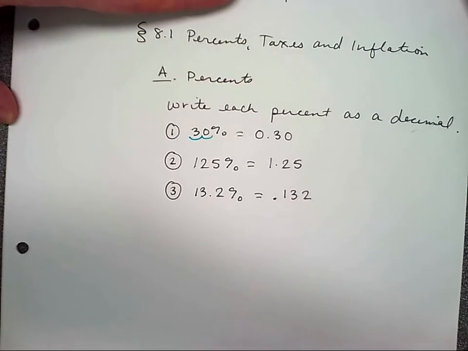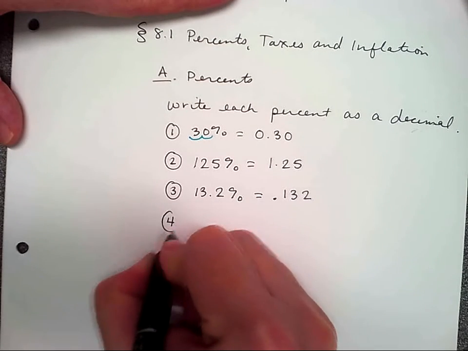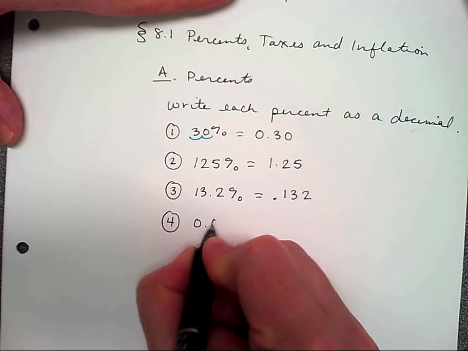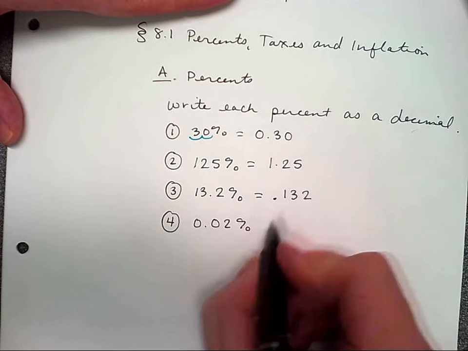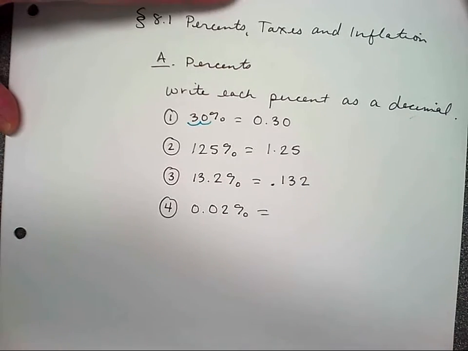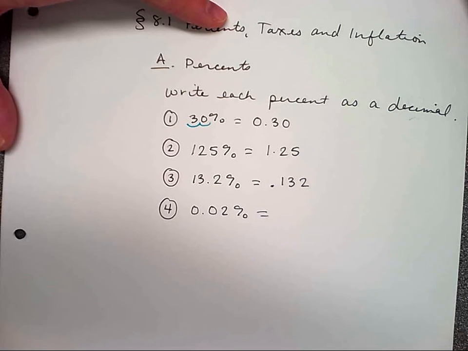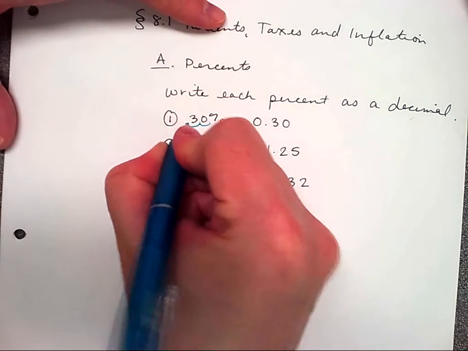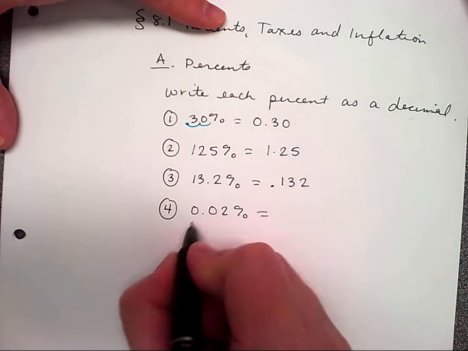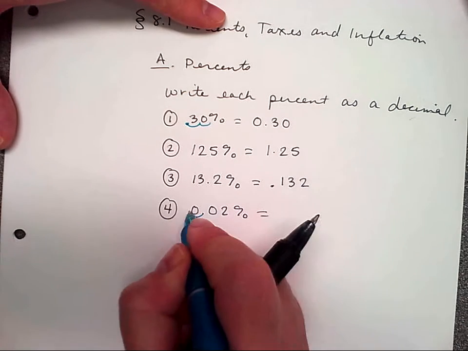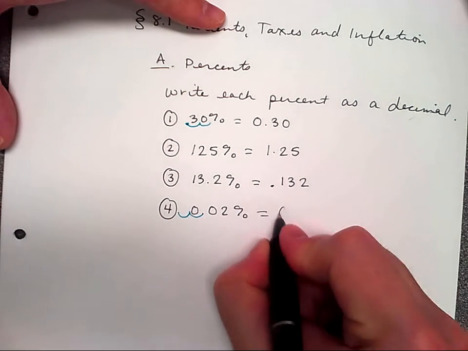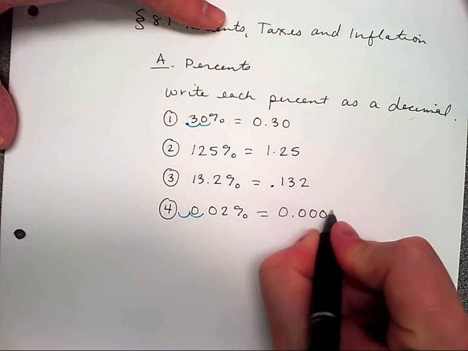Okay. What if I have 0.02%? What is it? Trying to trick you guys. You always move it to the left 2 points. So I have to move this to the left. Good.